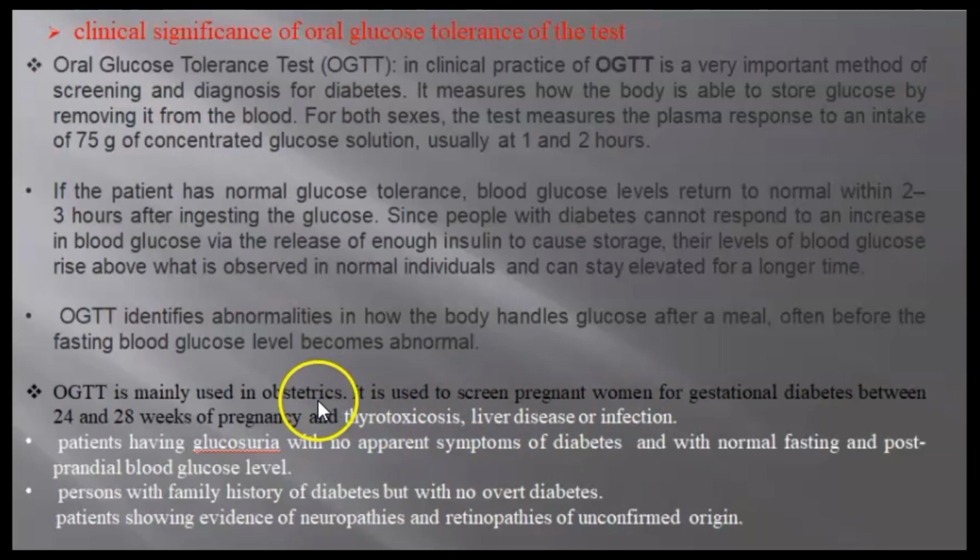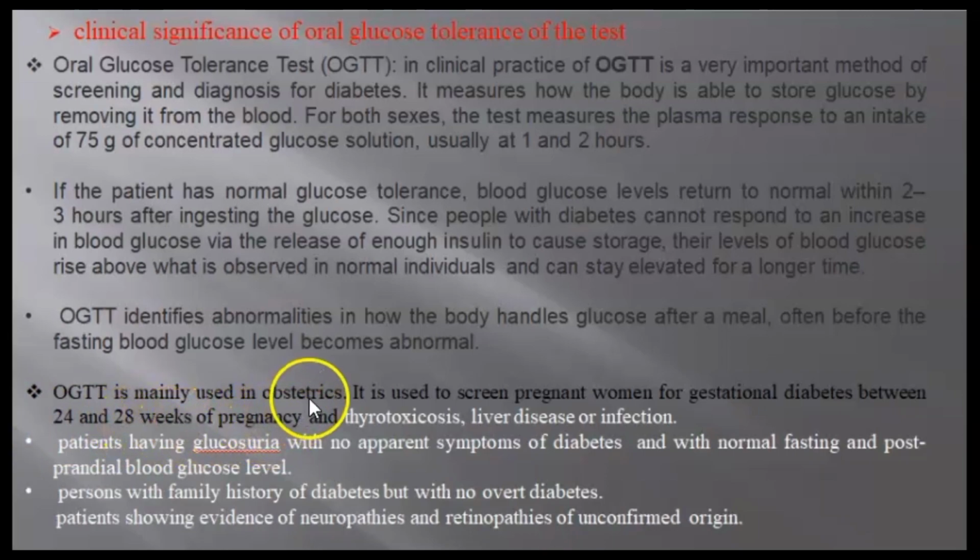So the obstetrician that practices this uses the oral glucose tolerance test to screen pregnant women to check if there is a trace of gestational diabetes. And the pregnancy will be between 24 and 28 weeks, that is 6 to 7 months of pregnancy.